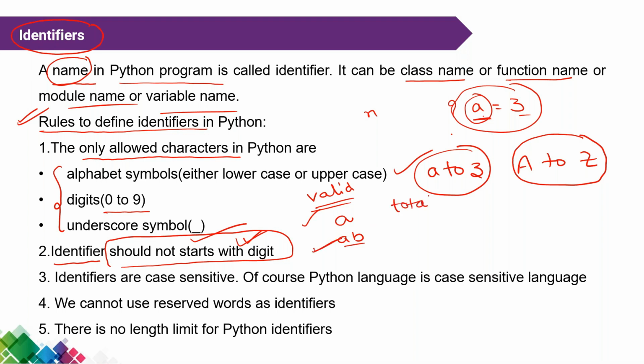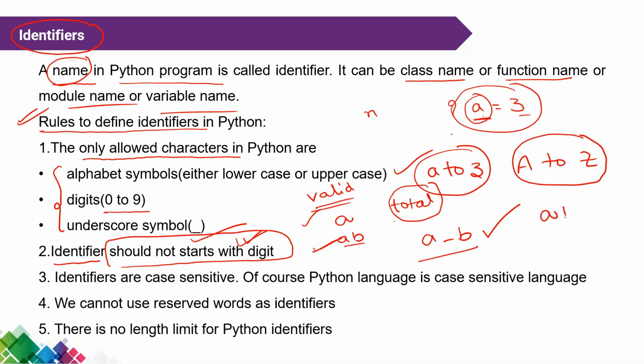For example, total. Here we have 5 letters, so are there 5 variables? No. Each and every word is a single variable or a single name. And A underscore B is also valid. Here the name consists of alphabets A and B and the special symbol underscore.